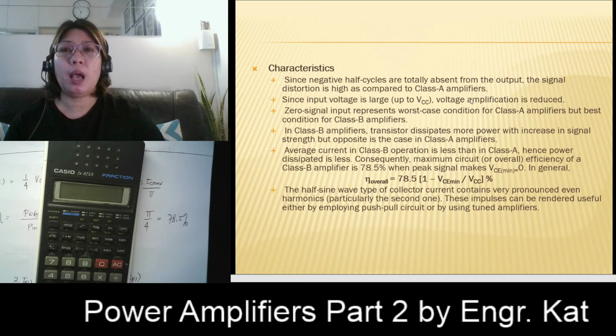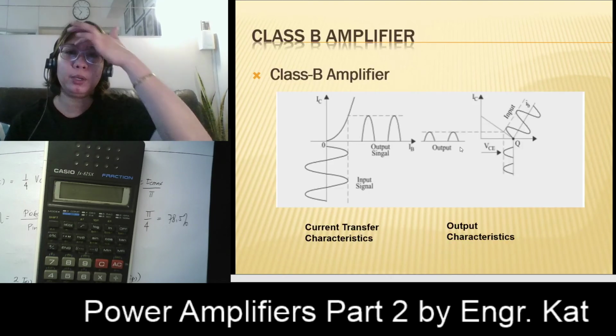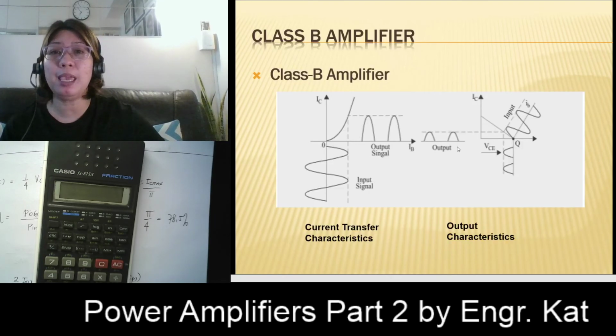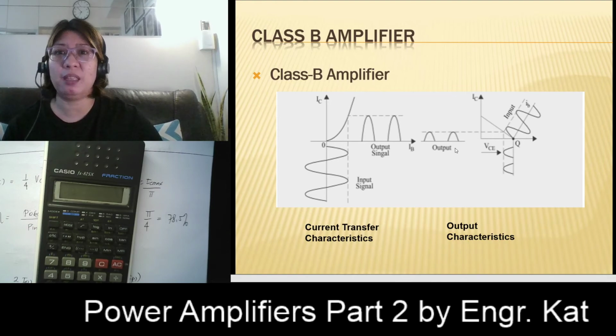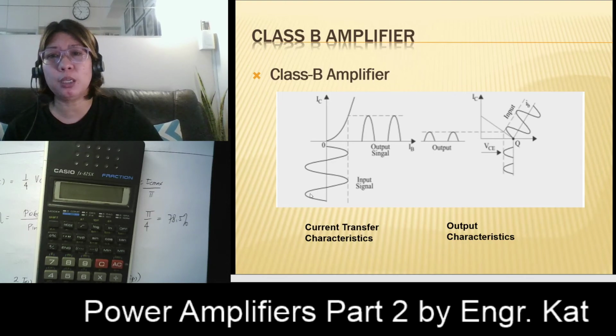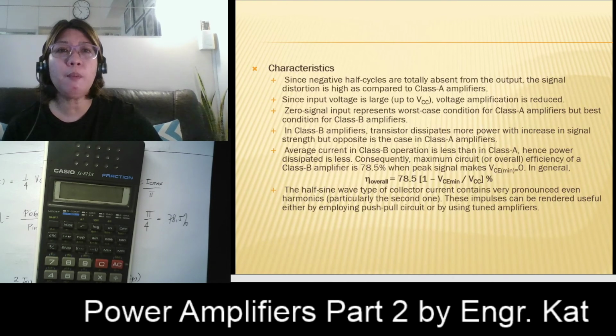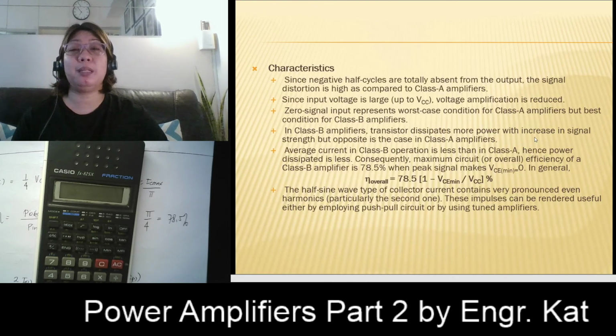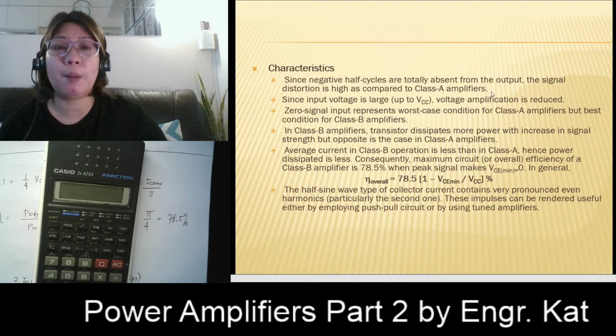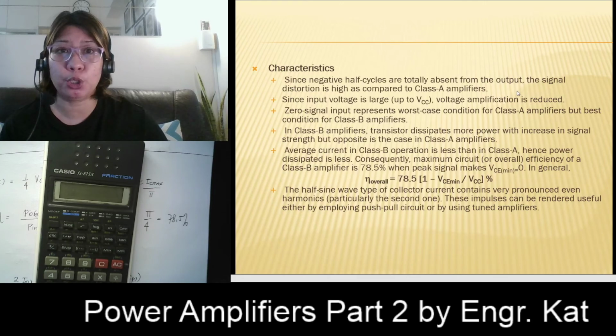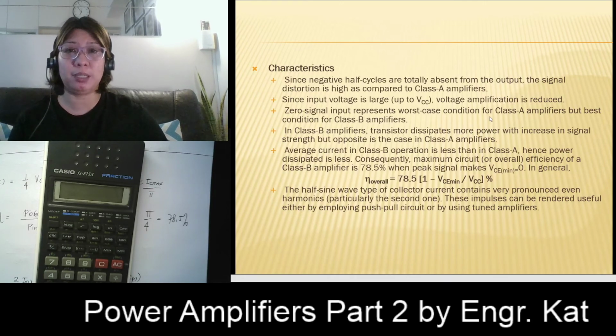So our output, if we look at this, is like a half-wave rectified signal, with no output during the negative half cycle. Comparing your input and your output signal, they do not look alike. When the output doesn't look like your input signal, there is definitely distortion, so we call that a distorted signal.